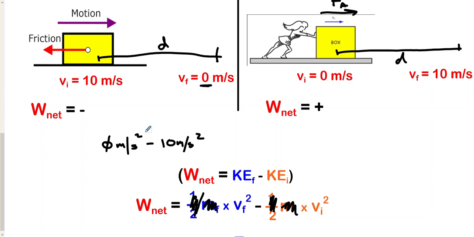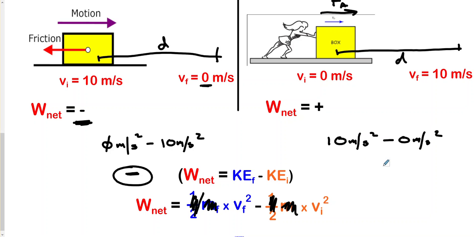And so we would end up with an overall negative change in kinetic energy. And that's what we said when we started. Work is negative because force and displacement are in opposite directions. Over here, I would be doing V final is 10 meters per second squared minus 0 meters per second squared.